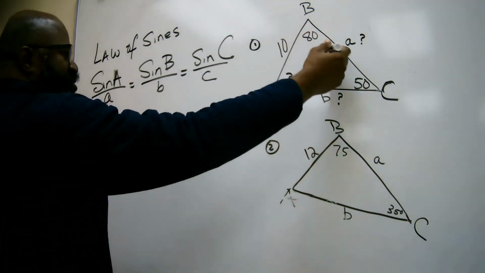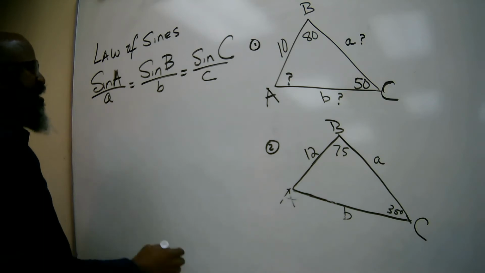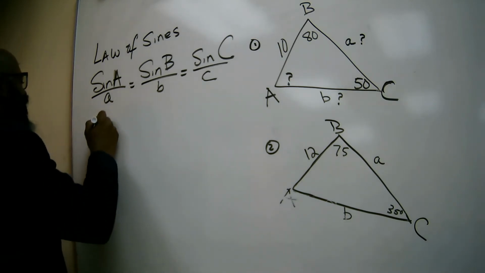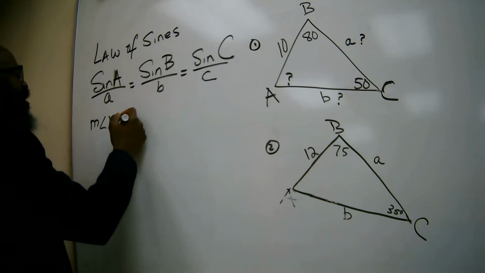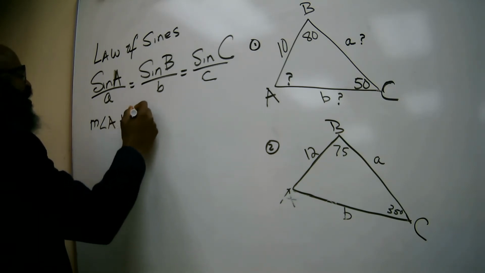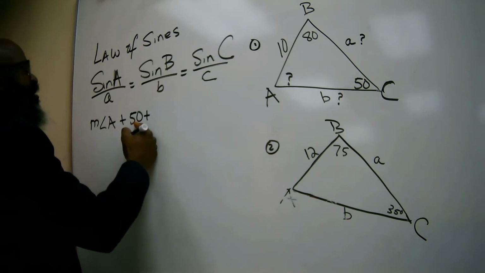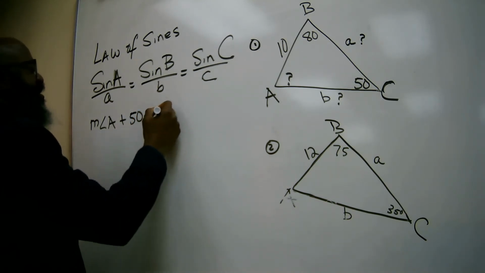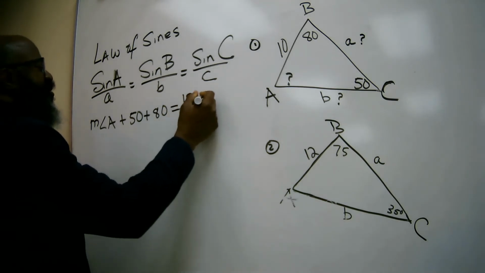As you know, in any triangle, if you know two angles, we will always be able to find the third angle. So we can find the measure of angle A easily. The measure of angle A plus the measure of angle C, which is 50, plus the measure of angle B, which is 80. It's a triangle. The triangle must add up to 180.